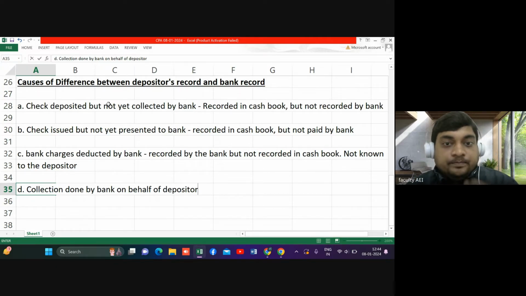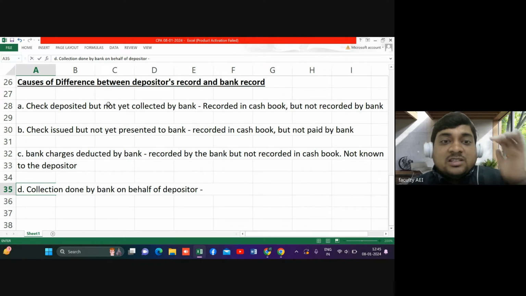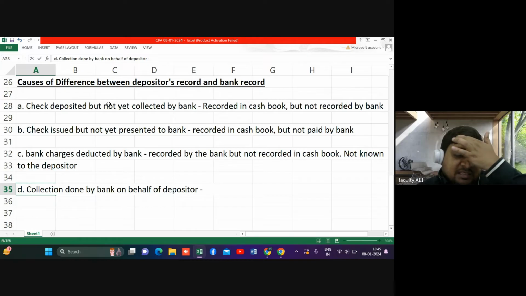Again, this thing is same as bank charges. So whenever the bank is collecting on my behalf, I will only come to know when I update the passbook or when I get the statement updated, right?